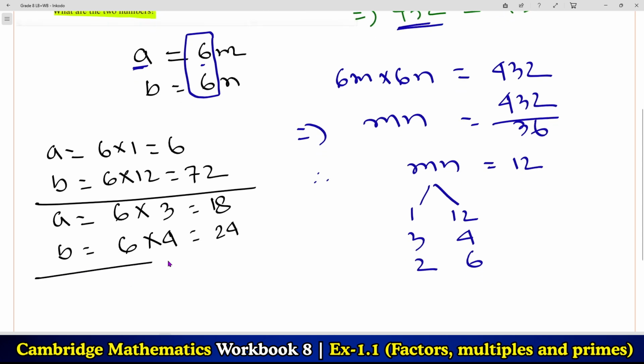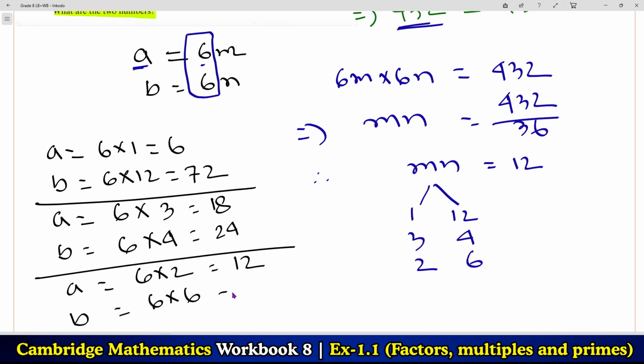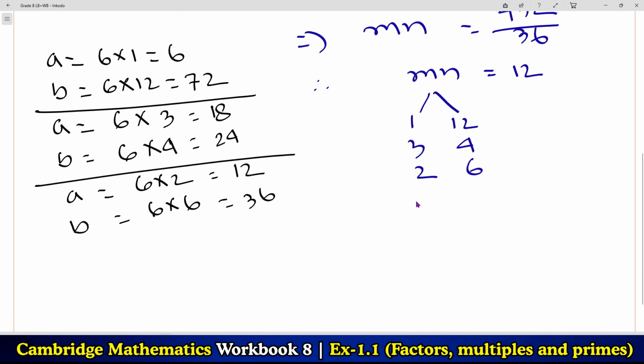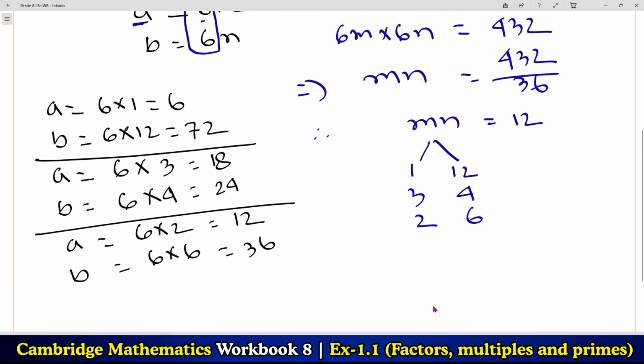What would be another combination? If A equals 6 times 2, it means 12, and B equals 6 times 6, that means 36.